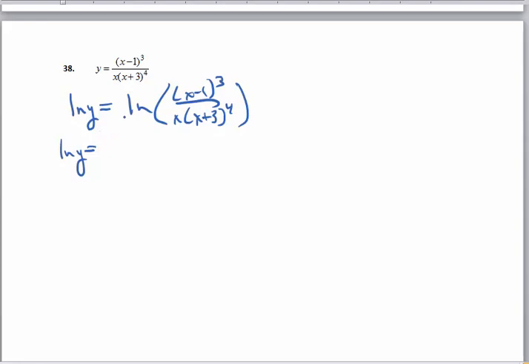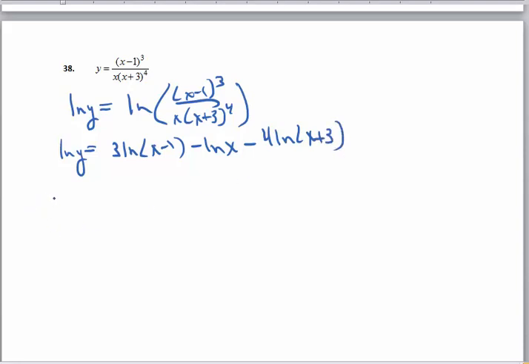So the x minus 1 to the third is going to be positive, and then both the x and the x plus 3 to the fourth are going to be negative logs, right? And I also use the power property to take the exponents out front. So I'm going to end up with 3 ln of x minus 1, that's the positive one, minus the ln of x, because that's the first one in the denominator, and then minus 4, take the power out front, ln of x plus 3. Okay?